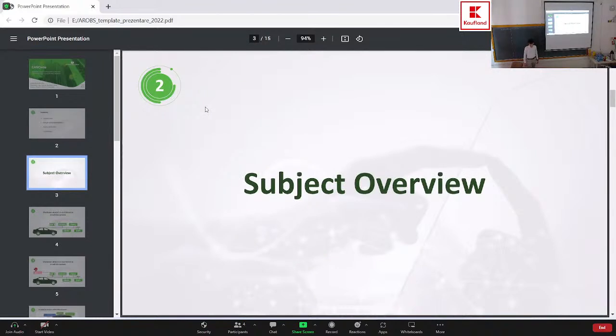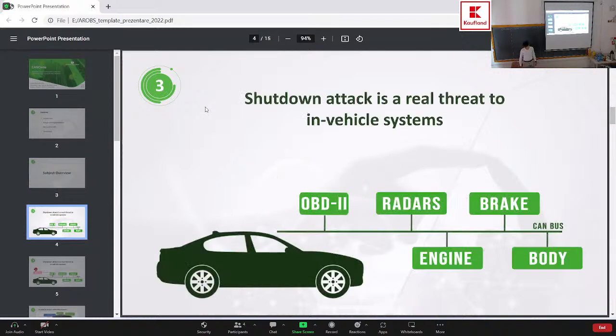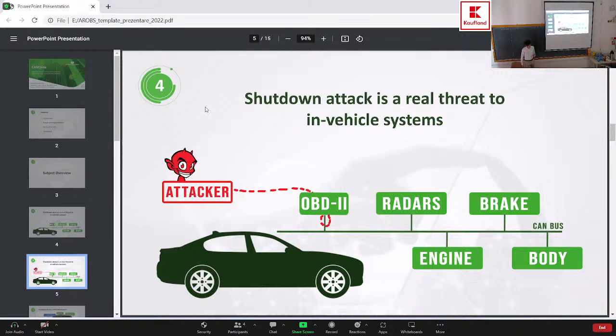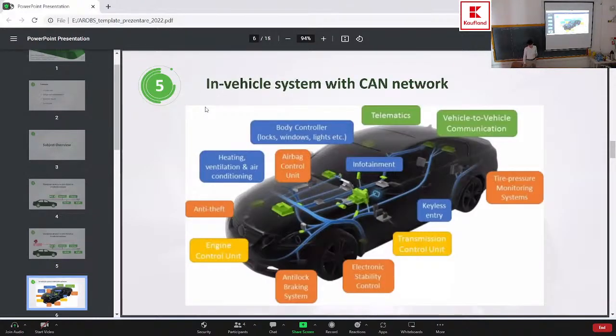First of all, let's see the overview of the subject. In this picture, we can see a simplified overview of how the network is placed in a modern car, and shutdown attacks can be a real concern for in-vehicle systems, a stepping stone for more advanced attacks. And in this picture, we can see a more suggestive photo of how the system is placed in modern cars.